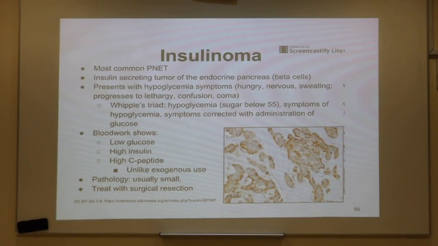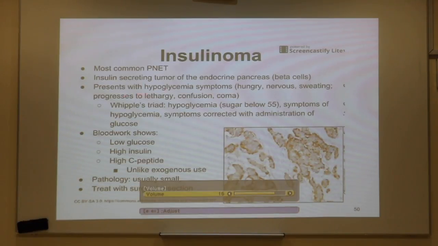But first, you need to understand that when you have hyperglycemia, that means increased blood glucose level, in normal people your insulin level is going to go up. And when your glucose level goes down, your insulin level should also go down. What happens here is that because there is a tumor of the beta cells, you would have raised insulin level, and you would have hypoglycemia. Because of hypoglycemia, you would have symptoms like nervousness, sweating, progressing to lethargy, confusion, and coma.